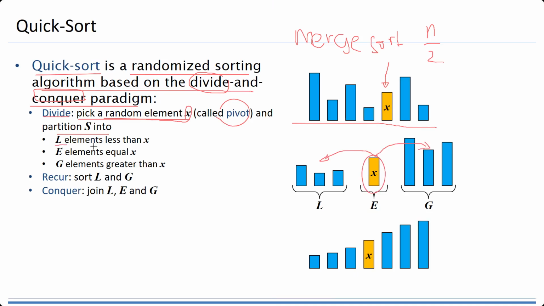So L will be the elements less than x, E is the elements equal to x, and G is the elements greater than x. So we have L, we have E, and we have G. Again, we will do the recursion, sorting L and sorting G, and then at the end, we will join L, E, and G.